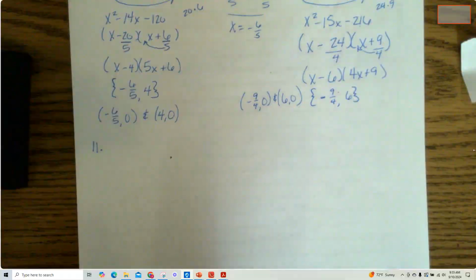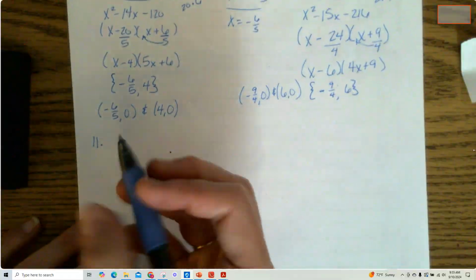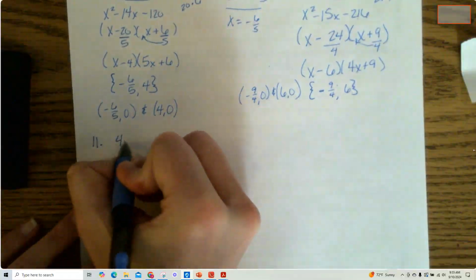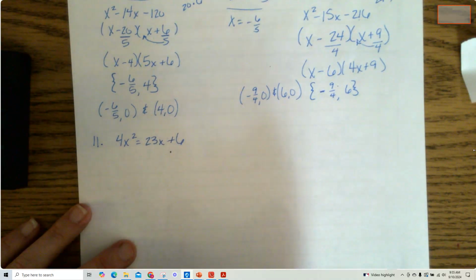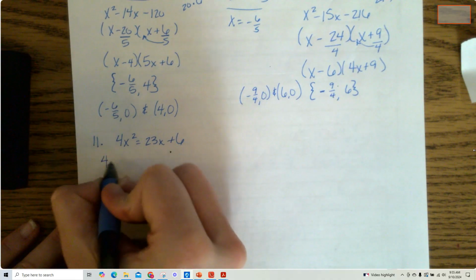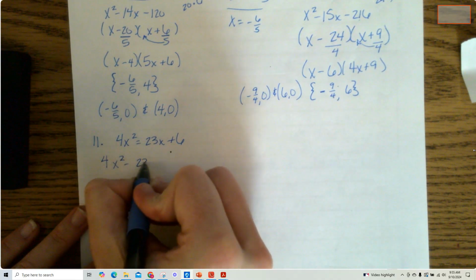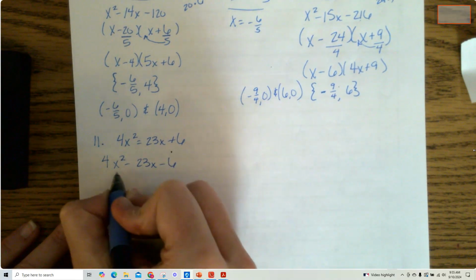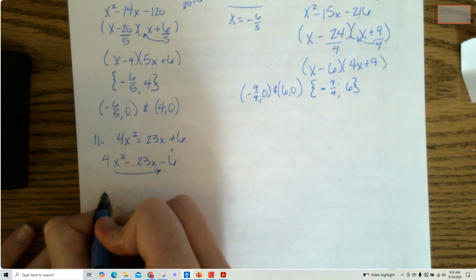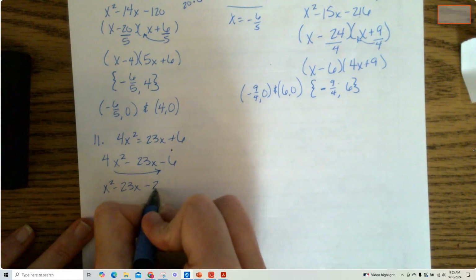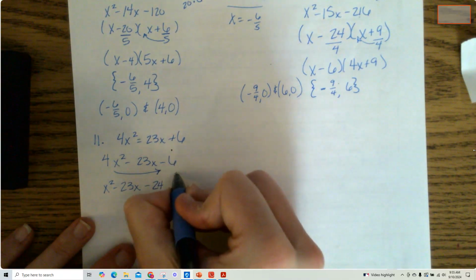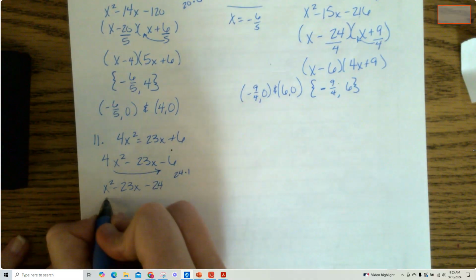Okay. Now I'll go to 4x squared equals 23x plus 6. Right? So 4x squared minus 23x minus 6. Slip the 4. X squared minus 23x minus 24. 24's got to be 24 times 1.